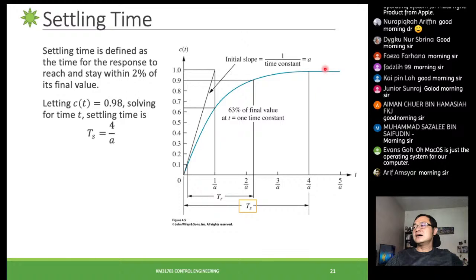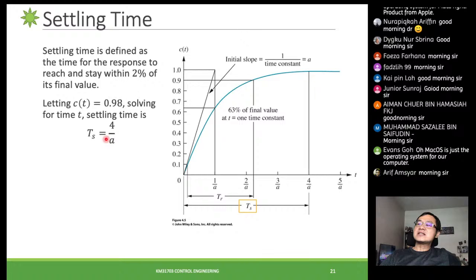So we get 98% of it, and we eventually get this value at 4 over a. So 4 over a. So you can see the importance of this exponential frequency, the a value itself.